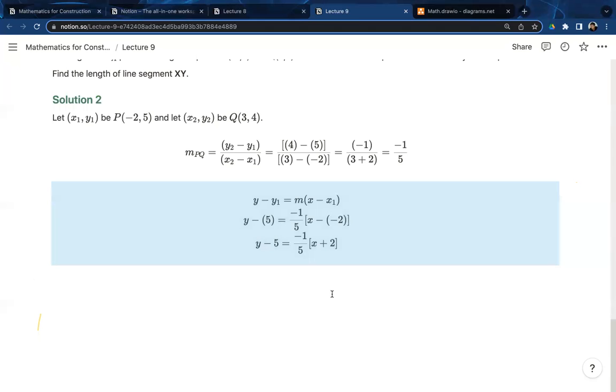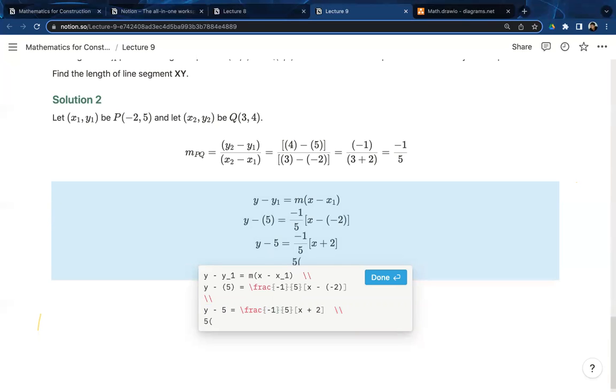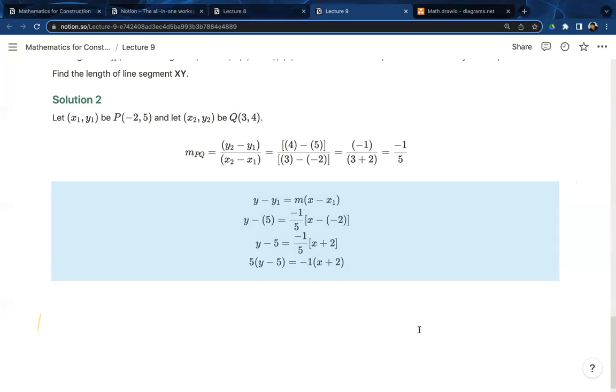What I could do is multiply everything by 5, right? This is a technique, right? Just multiply by the denominator to get rid of it.